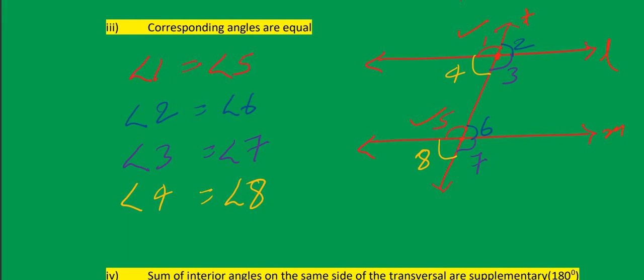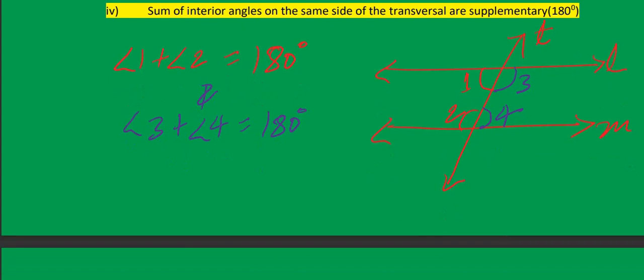That's why they lie on the same places. So angle 1 is equal to angle 5. Similarly, angle 2 is equal to angle 6, angle 3 is equal to angle 7 and angle 4 is equal to angle 8 because they lie on the same places. So corresponding angles are equal.